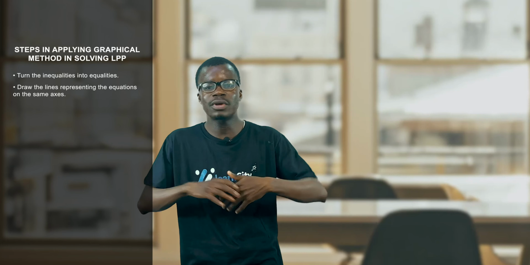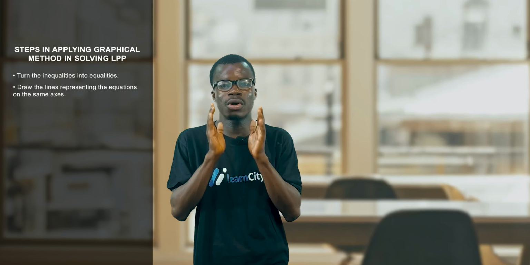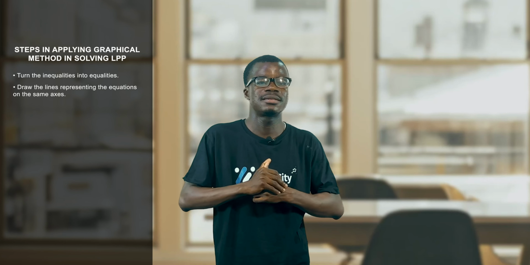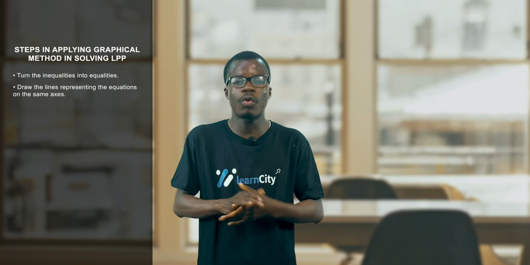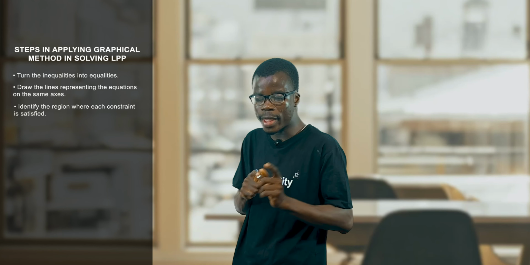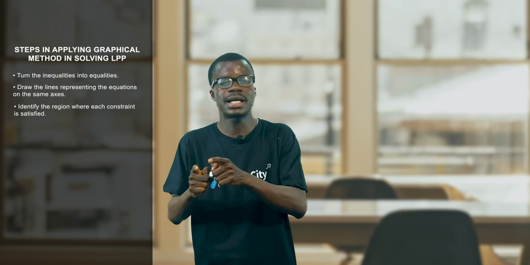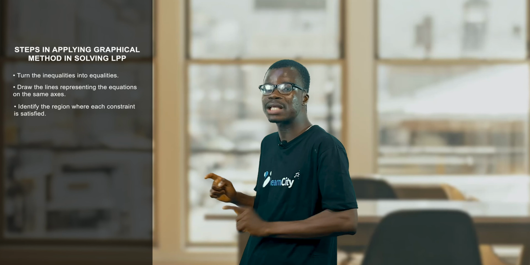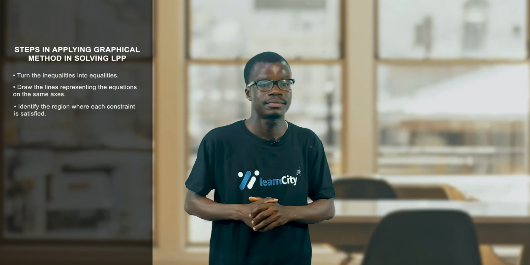By the time we are actually looking at the workings aspect, we are going to get a full grasp of what this entails. So, draw the lines representing the equations on the same axis. Step 3, identify the region where each constraint is satisfied. This region is what we refer to as the feasible region.